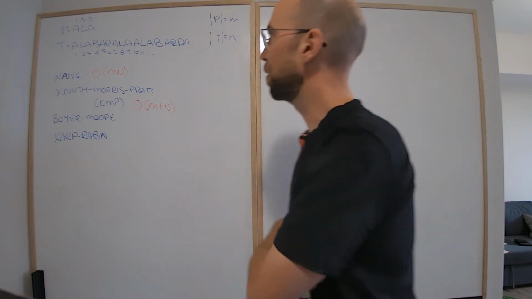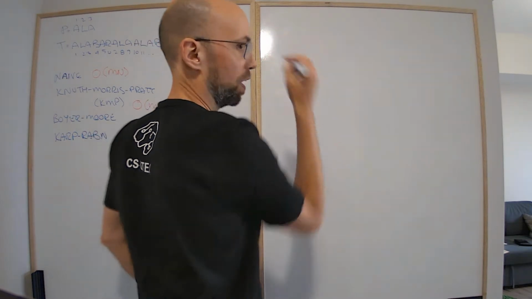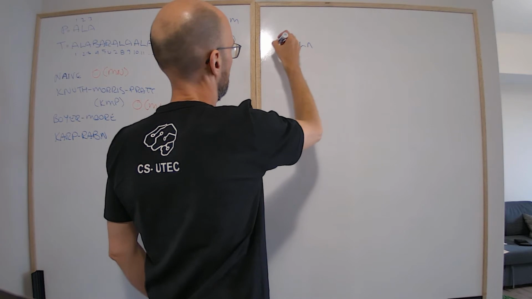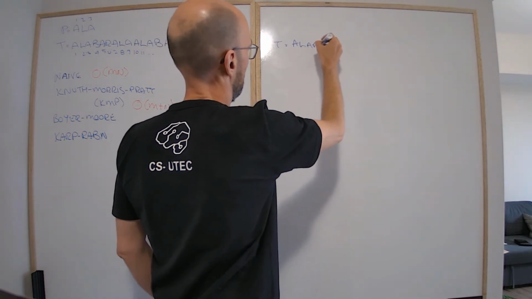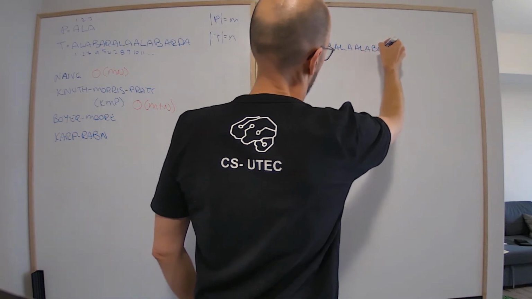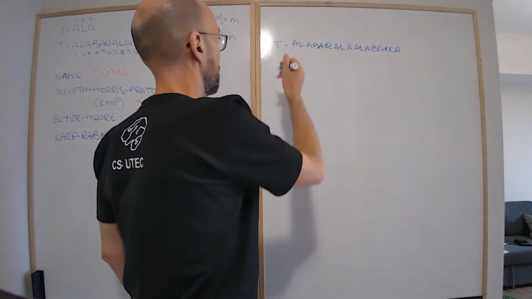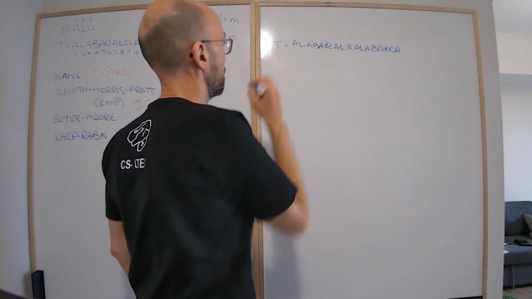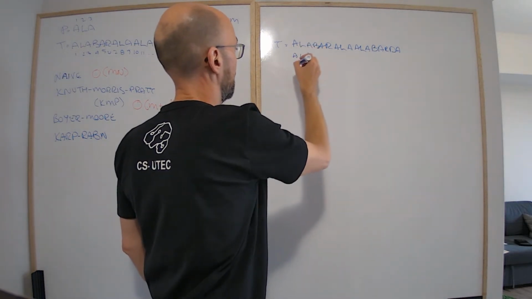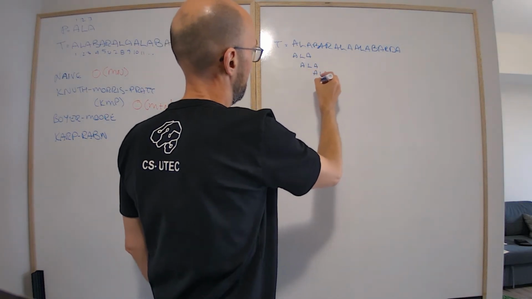But the idea about Boyer-Moore is, before, for naive, we were doing, so T equals ALA BAR ALA BARDA. And then for naive, we're doing ALA and ALA and ALA.